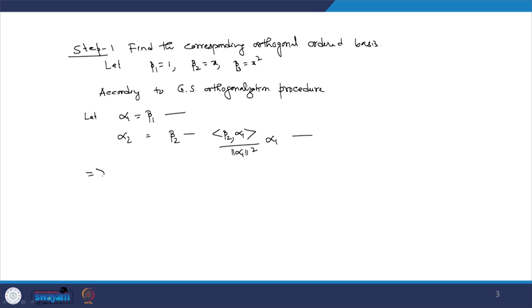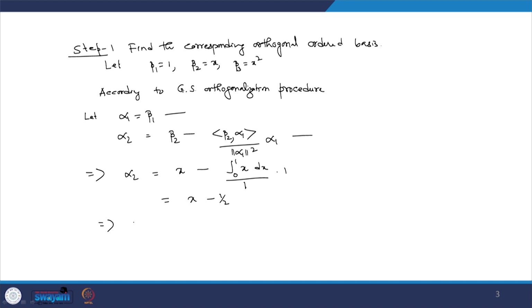So, this implies alpha 2 equals x minus the integral from 0 to 1 of x times 1 dx, divided by the integral of 1 times 1, which is 1. So, this is equal to x minus x square by 2, putting in the value 1, we have x minus 1 by 2. So, alpha 2 equals x minus 1 by 2.